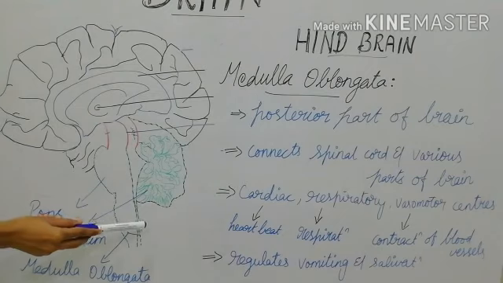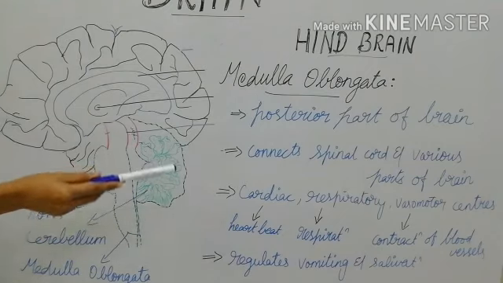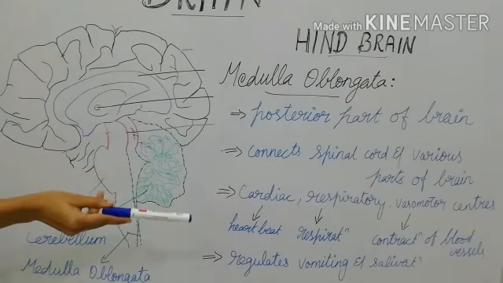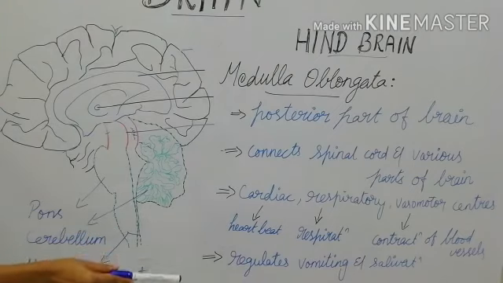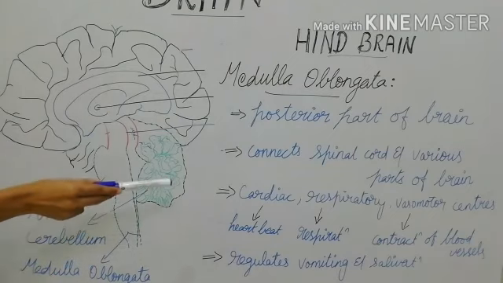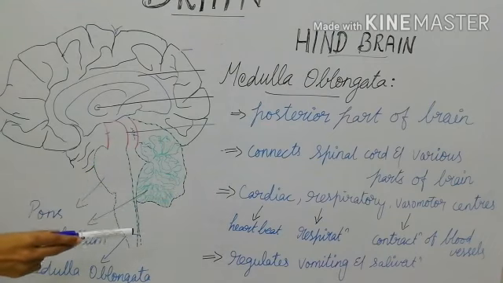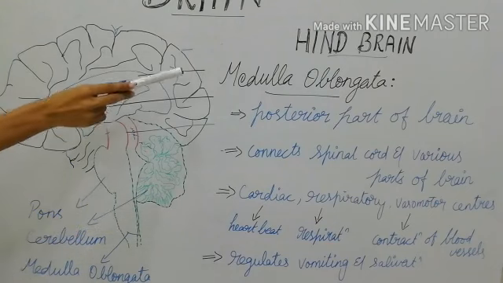Here the cardiac centers control the heartbeat, the respiratory centers control respiration, and the vasomotor centers control the contraction of blood vessels. It also regulates vomiting and salivation. So the function of the medulla oblongata is controlling heartbeat, respiration and contraction of blood vessels, and also regulating vomiting and salivation. These are the functions of the medulla oblongata.